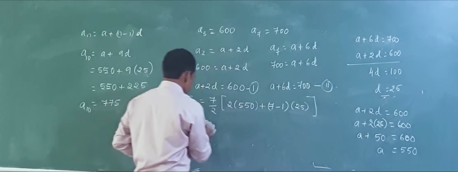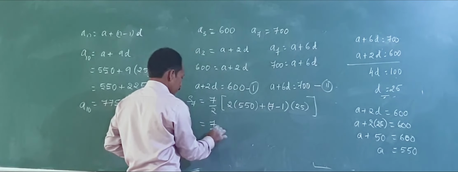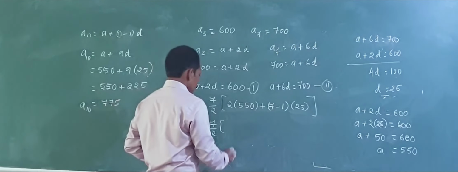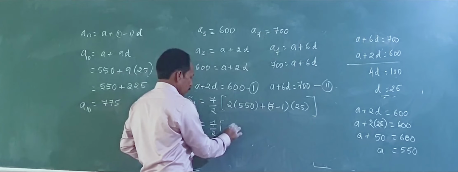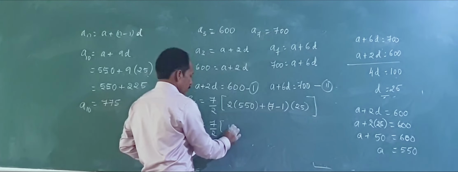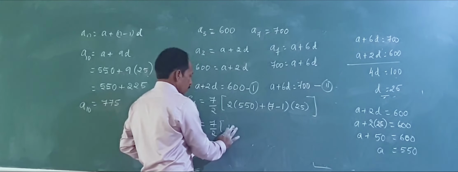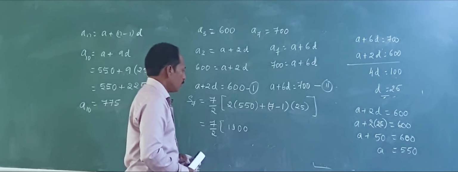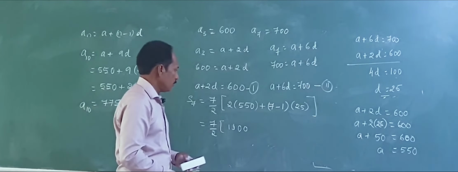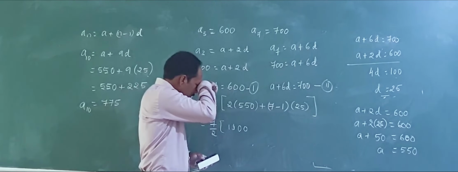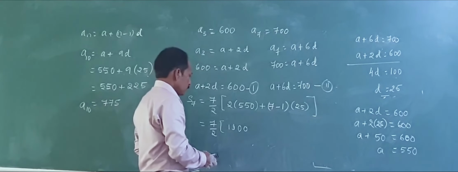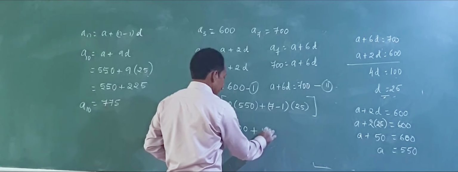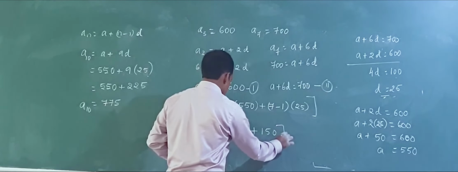Simplify this, you will get 7 by 2 into 1,100 plus 6 into 25, which is 150.